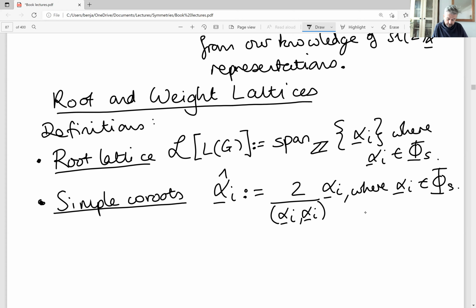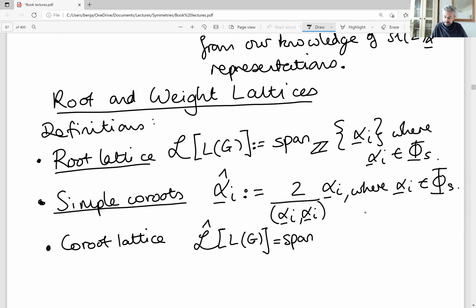Then we have what's known as a co-root lattice. And it's pretty easy to guess what this is going to be. So we write this as curly L caron of L of G. So this is the span over the integers of our simple co-roots.